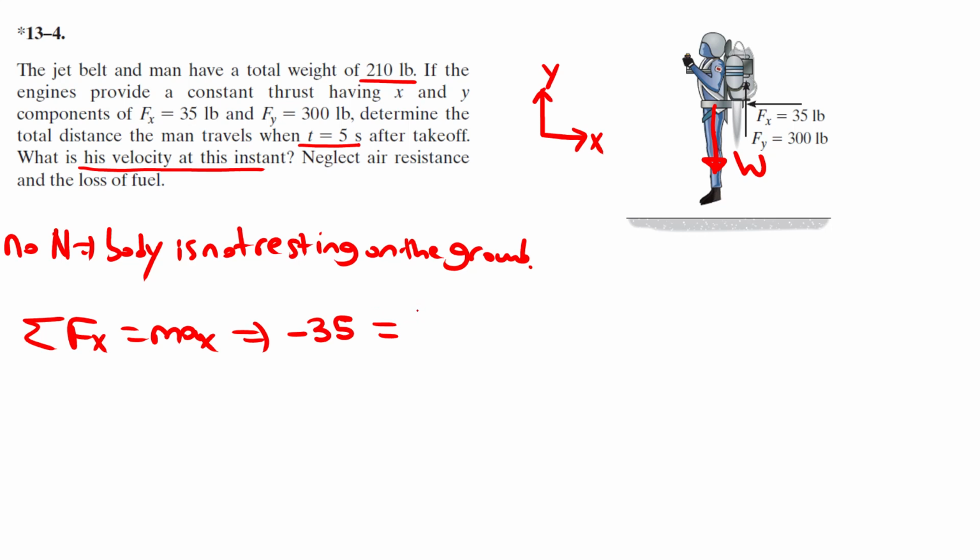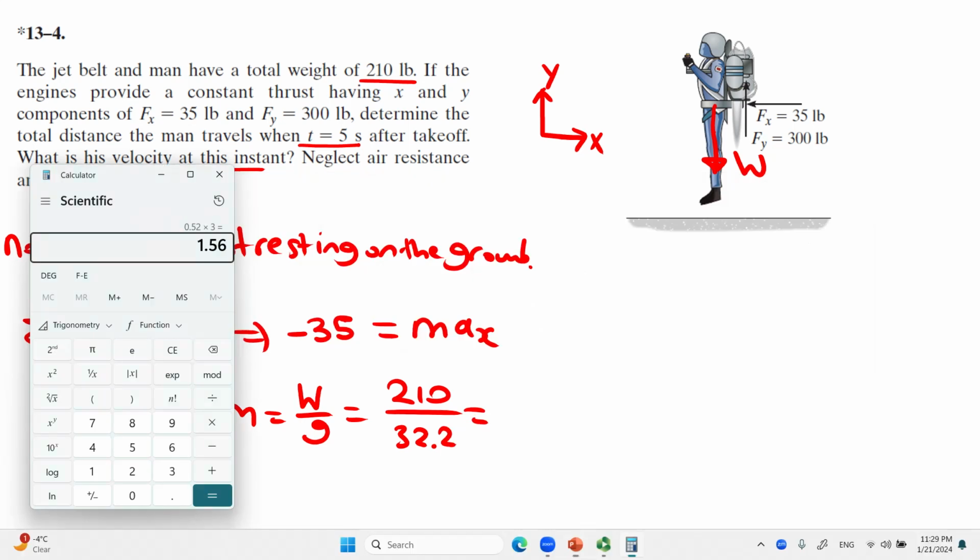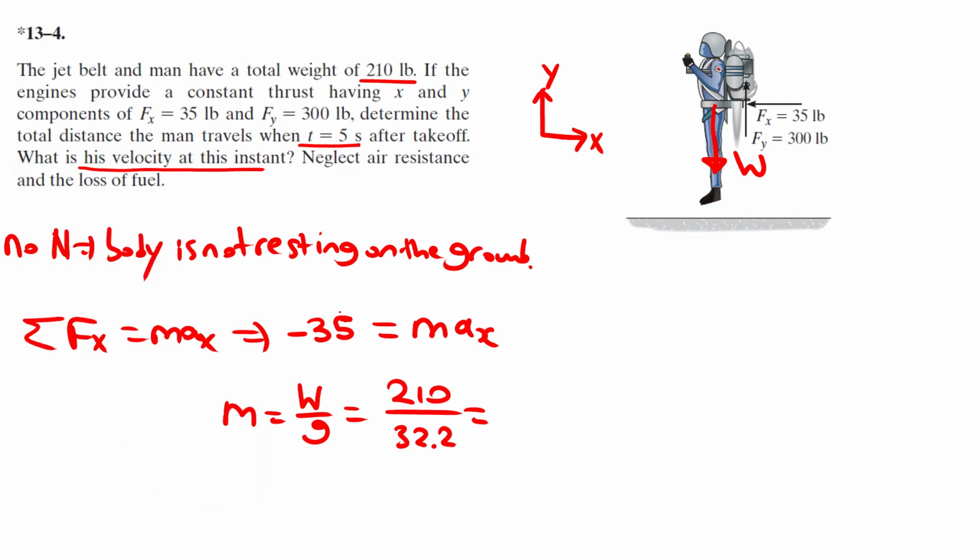Let's first put it this way: mass will be equal to weight divided by the gravitational acceleration. Weight is 200 lb, divided by 32.2, and that will be equal to 6.52 pounds.